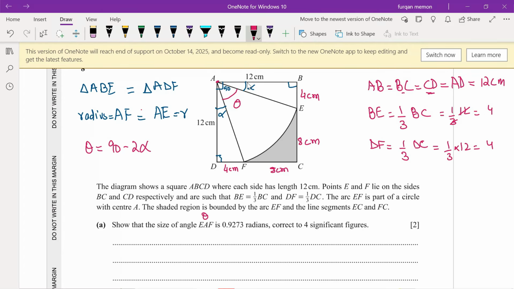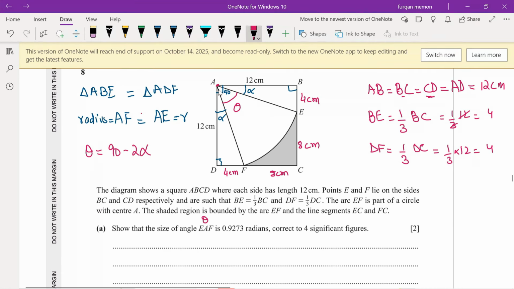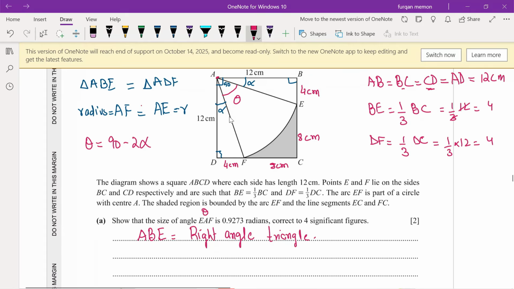To find alpha, we know that this is a right angle triangle and we have the opposite side and the adjacent side. So ABE is a right angle triangle, and we can find this angle alpha.